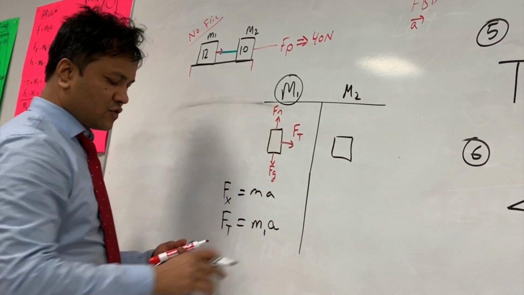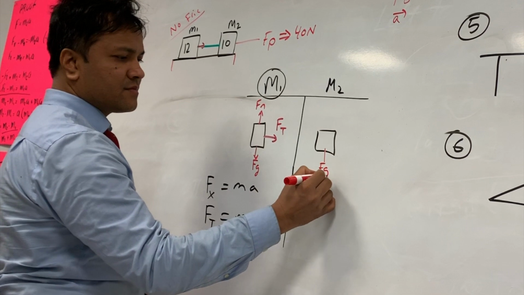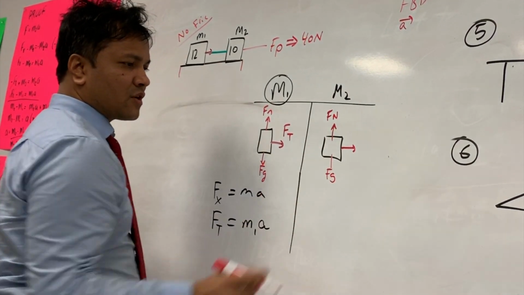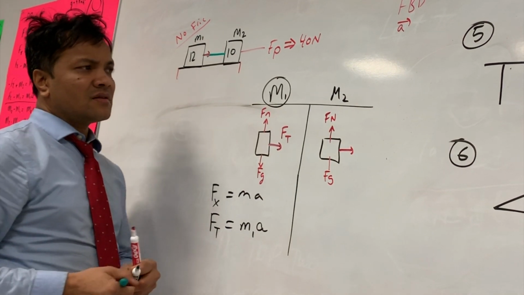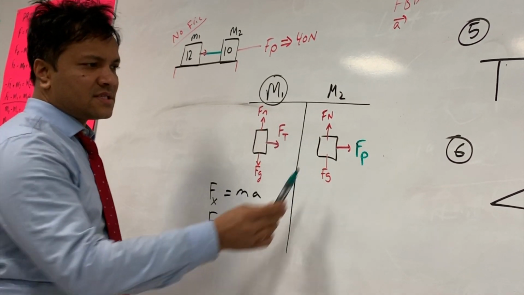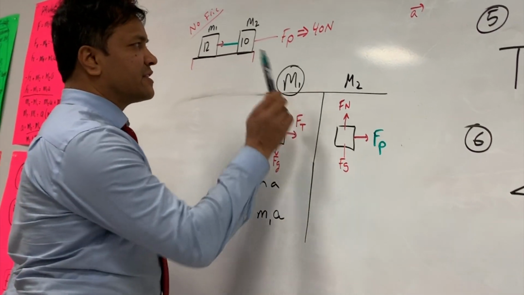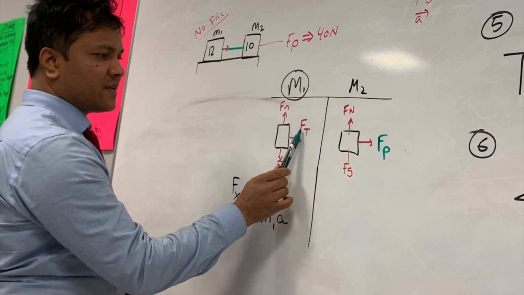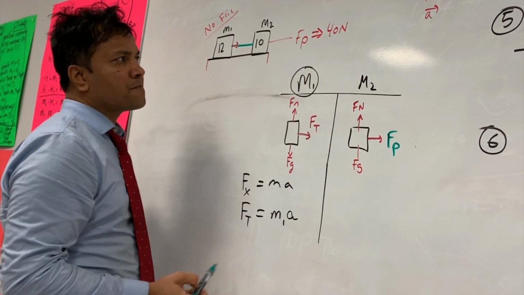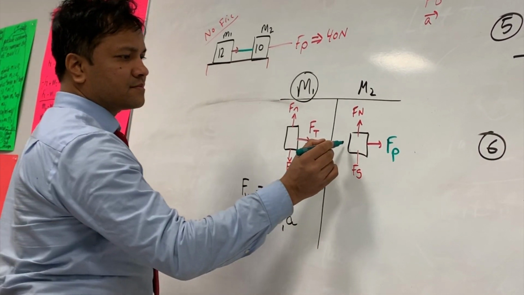Alright, now let's do the force diagram over here. This is Fg, this is Fn, and this is Fp, not Ft. I'm not going to use red because this is Fp. This Ft is different than this one. This Fp is known, 40 Newton, and then this is our Ft.